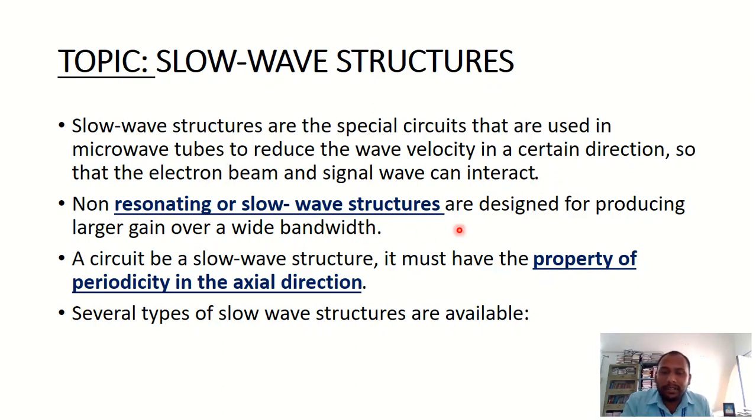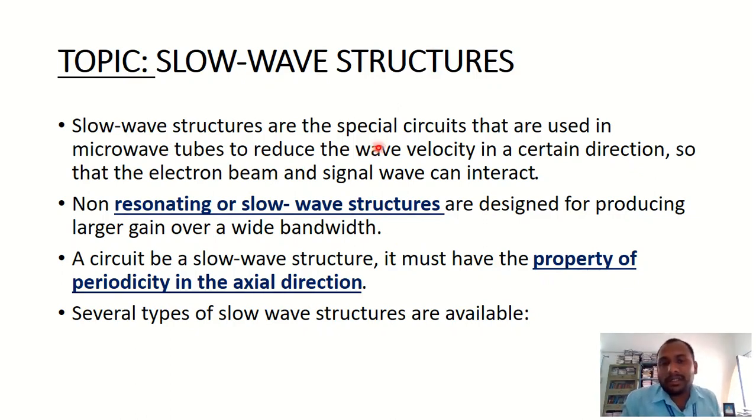So gain and bandwidth both have an inverse relation. But here we are trying for high gain over a wide bandwidth. For that, non-resonating or slow wave structures are designed for producing a large gain over a wide bandwidth. So that is the advantage of the slow wave structures which are used in the microwave tubes.